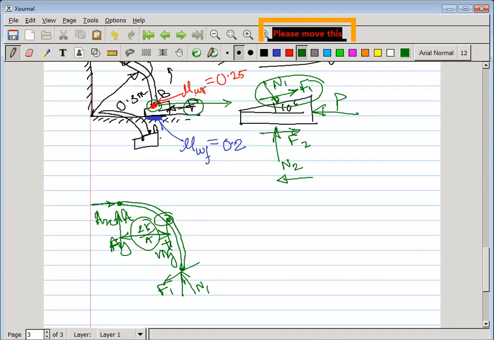For any semicircular rod with some mass, the centroid is always at a distance of 2r by pi. Remember this. Those two are the tricks for this problem specifically.